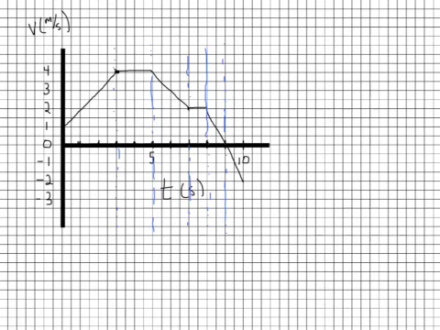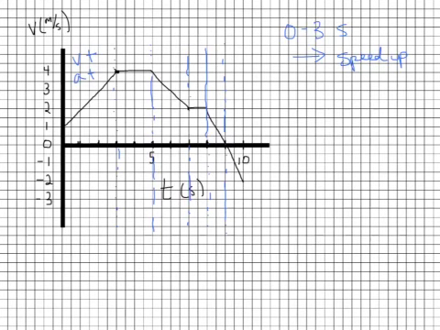So, first interval I care about is from 0 to 3 seconds. Okay? And if I look from 0 to 3 seconds, my velocity is up above the x-axis, so velocity is positive. My slope is positive, which means my acceleration is positive. And if velocity and acceleration are both positive, we're moving right and we're speeding up.